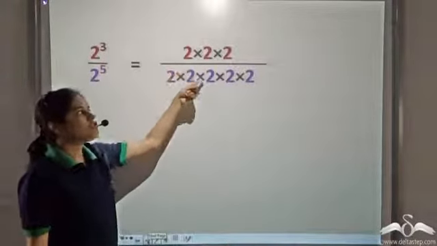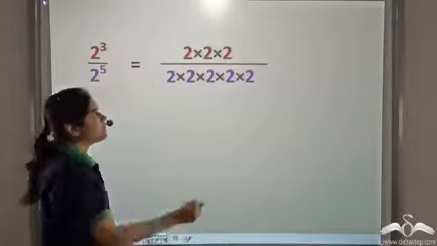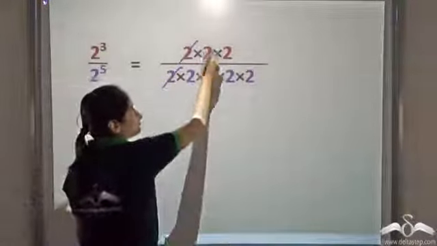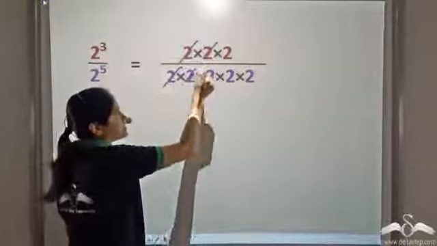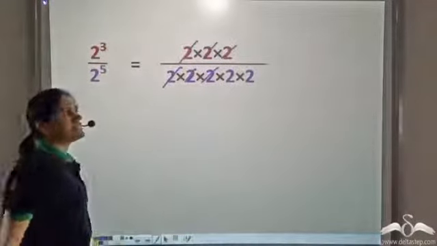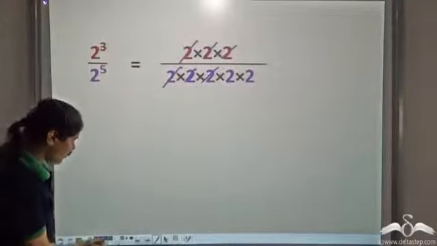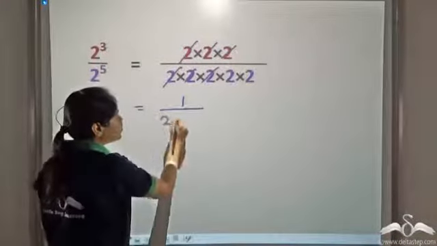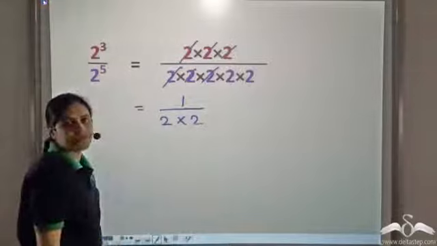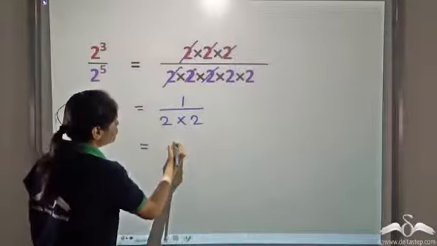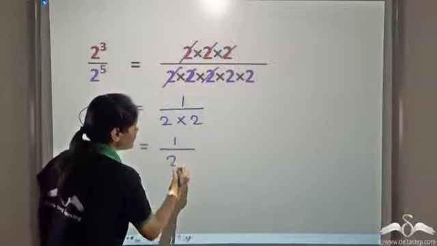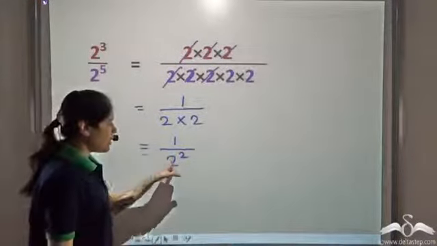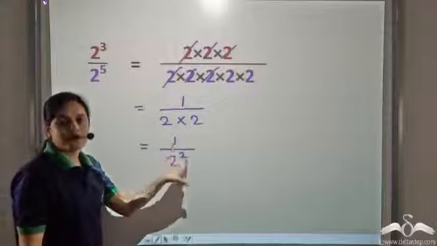Now some of these 2's will get cancelled. So 1, 2 gets cancelled in numerator and denominator. This gets cancelled and this gets cancelled. And we are left with 1 by 2 into 2, which is equal to 1 divided by 2 to the power 2.